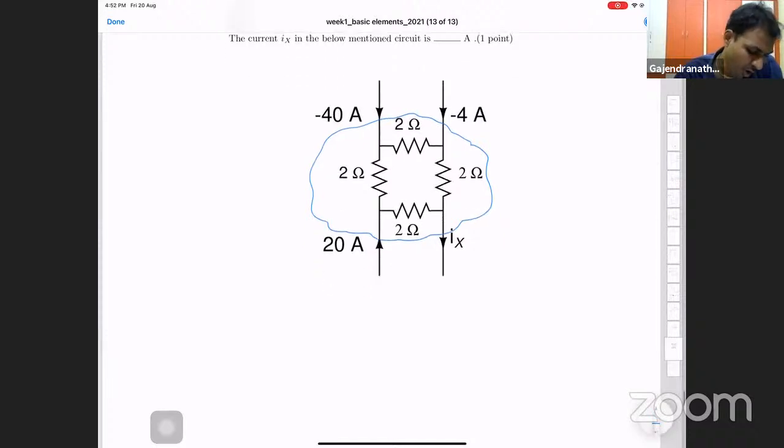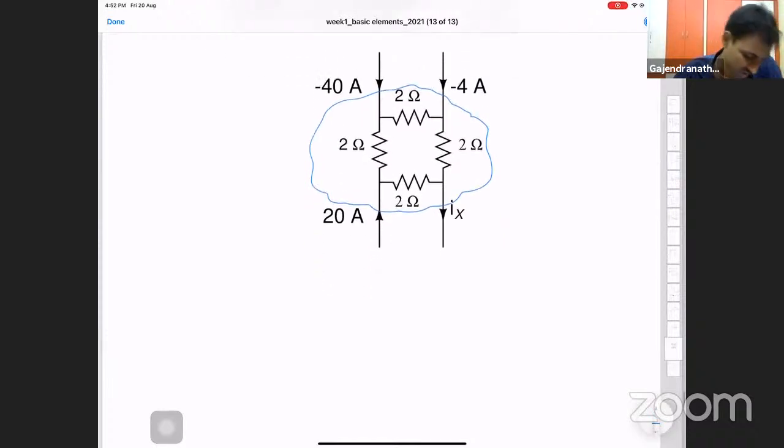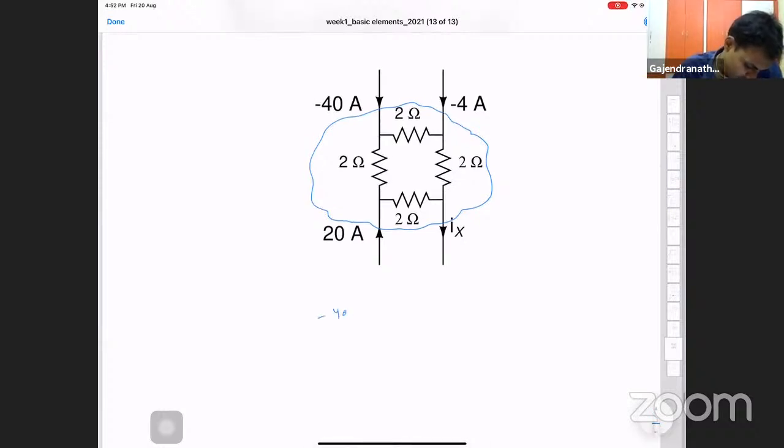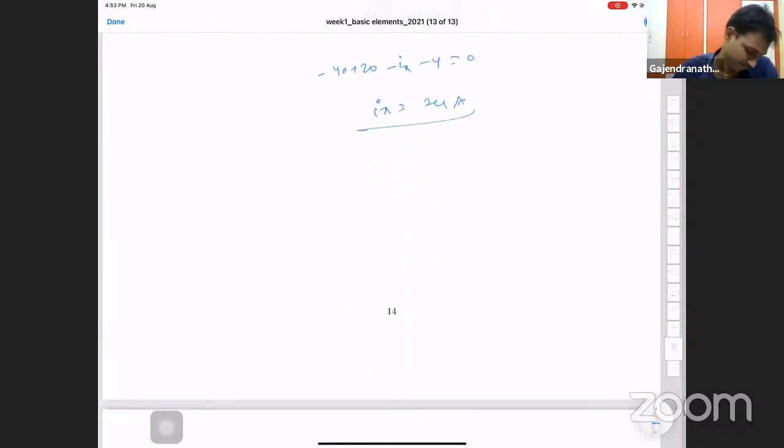So the sum of all the currents entering this box should be 0, or the sum of all the currents entering should be equal to the sum of all the leaving currents. All the currents entering: minus 40 plus 20 minus Ix minus 4 is equal to 0. So Ix is equal to minus 40 plus 16. That's 24 amps. Very simple.